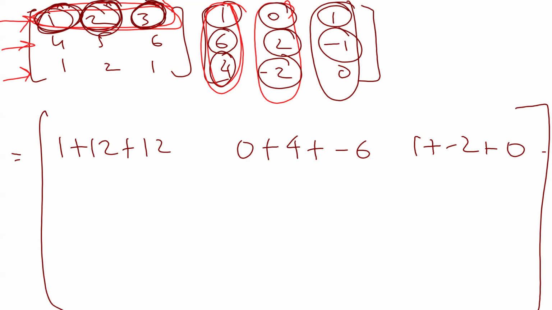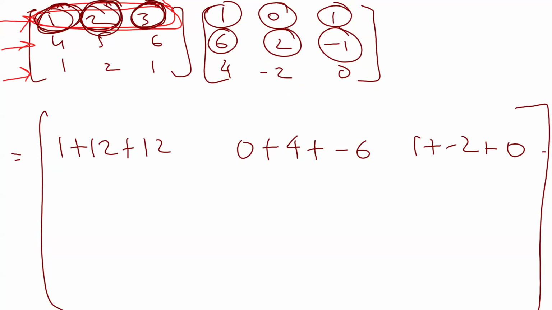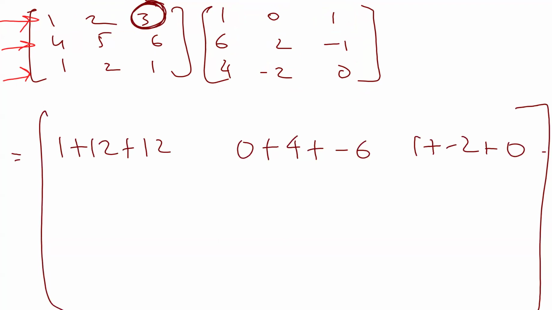Okay. Now for the first row from the first matrix, all three vertical columns are over from the second matrix.